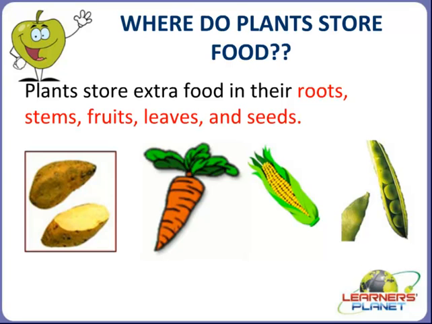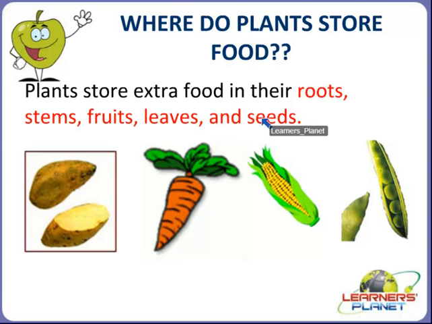So children, now we will study that where do the plants store food? The plants store the extra food in their roots, stems, fruits, leaves and seeds. Like we store extra food in the refrigerator, the plants store food in their various parts.